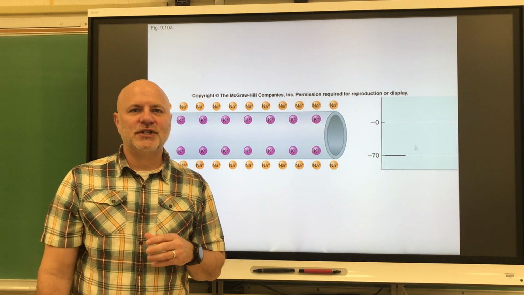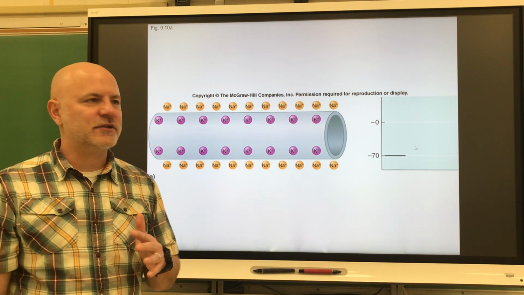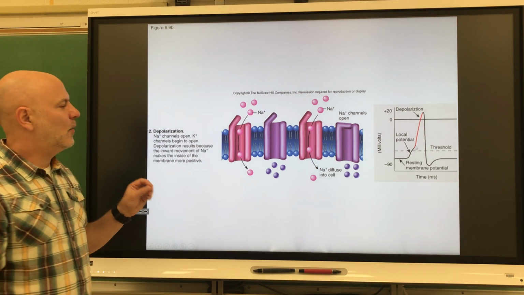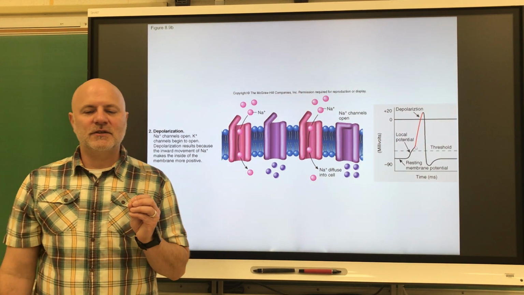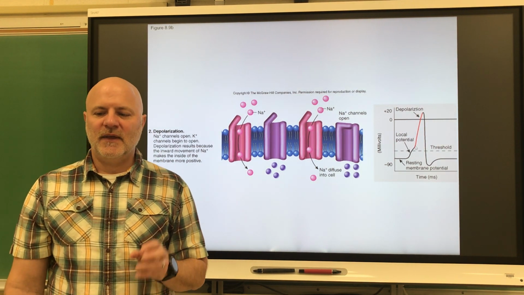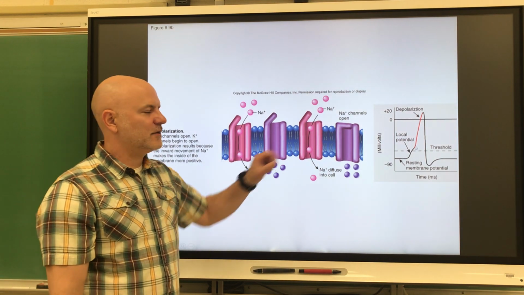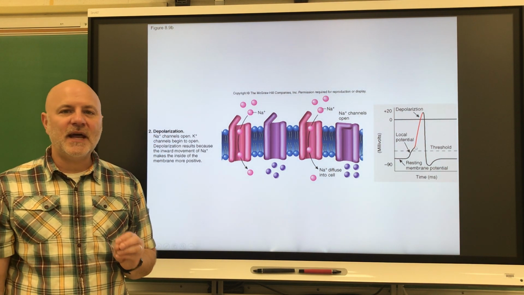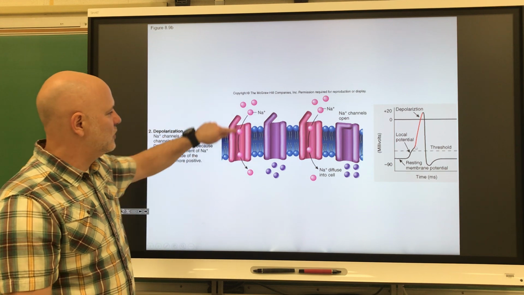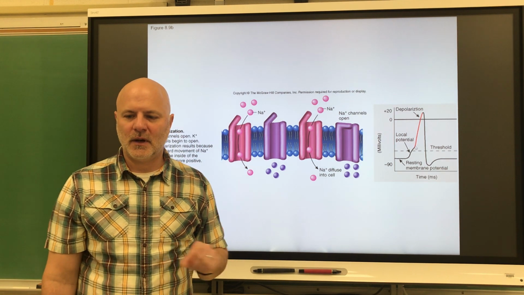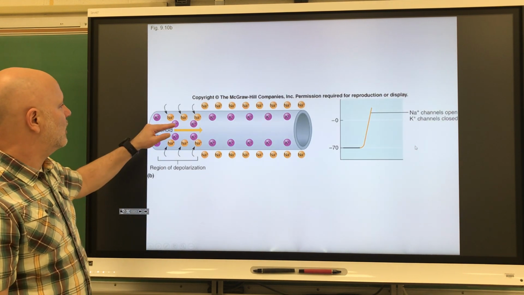Depolarization is loss of electrical charge on the surface of a membrane. So we get stimulation above threshold, that causes these sodium ion channels to open, and sodium simply diffuses into the cell. We see that here.